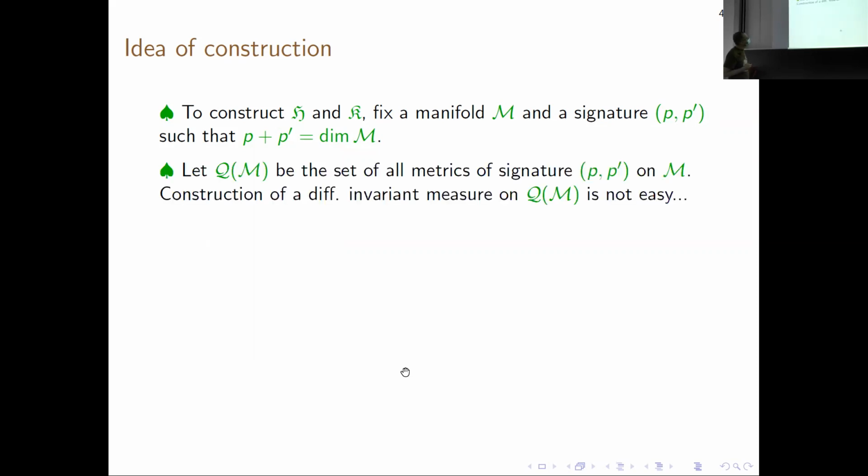Now I will denote by Q of M the set of all metrics of this fixed signature defined on this manifold M. And of course, it would be nice to have a Diffeomorphism invariant measure on this space, but as far as I know, no such measure is known so far. Therefore, I will use some other method to obtain these two Hilbert spaces.